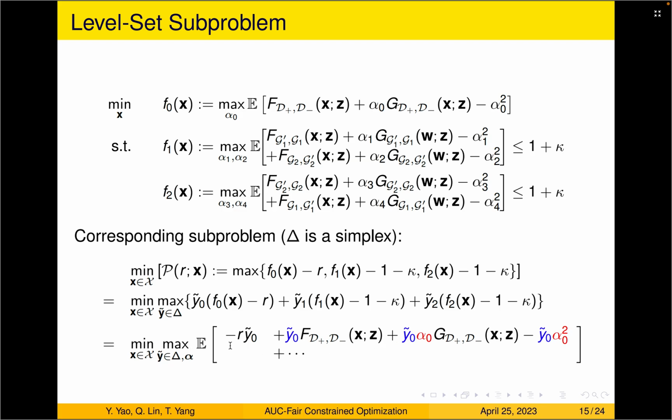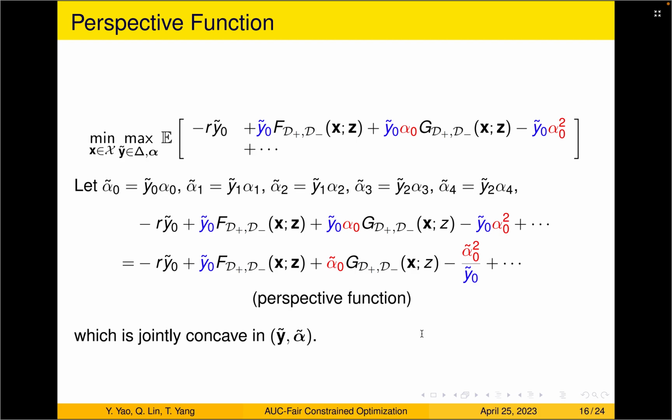So here the problem is that this formulation is not jointly concave for the dual variables y tilde and alpha, which means that the standard update for these dual variables may not converge. So to solve this problem, we can let alpha tilde equal y tilde times alpha. So the original formulation can be written as the second line, which is represented in y tilde and alpha tilde.